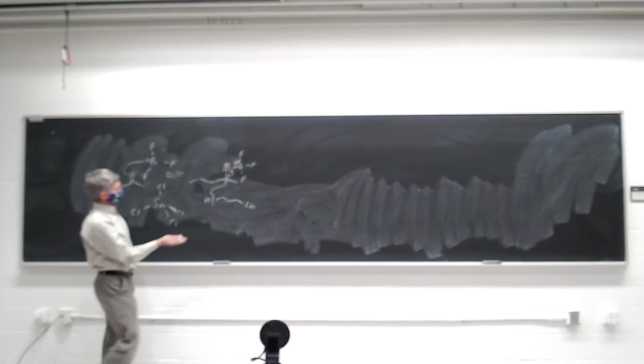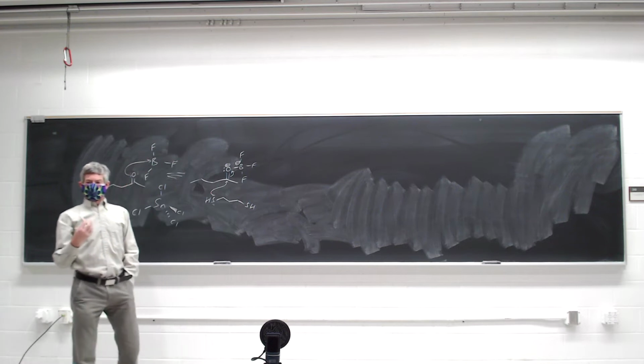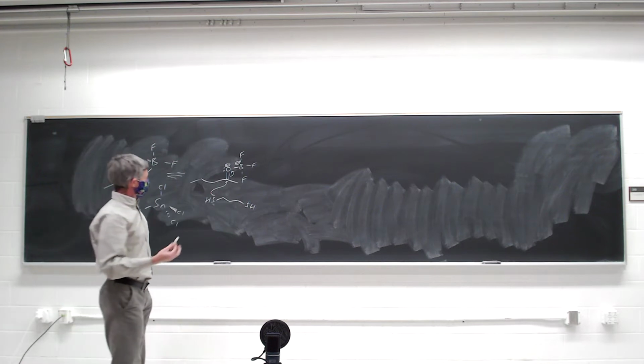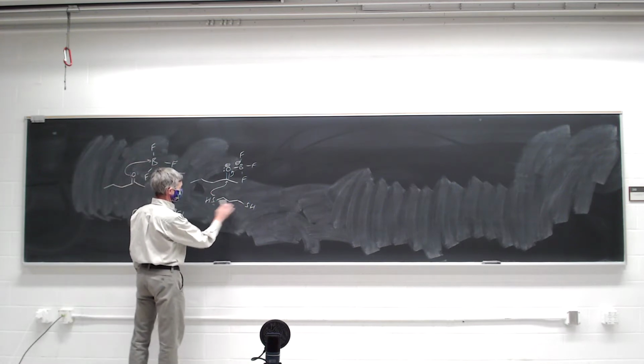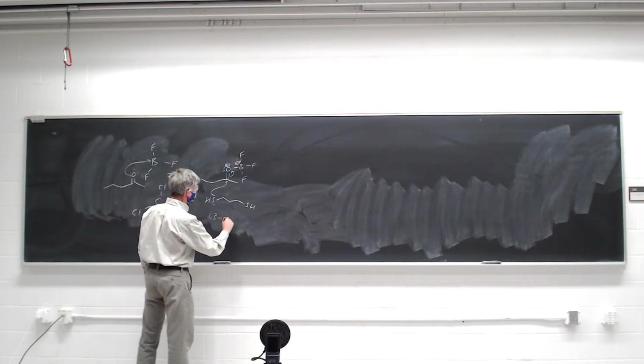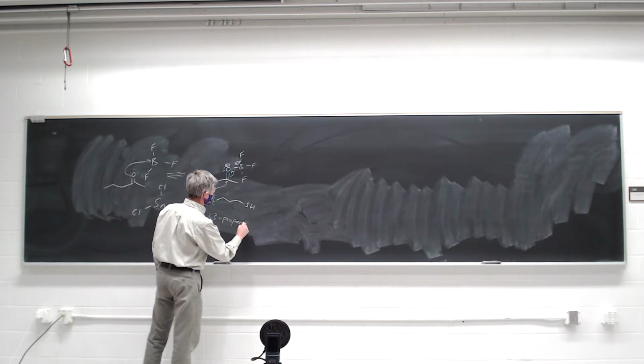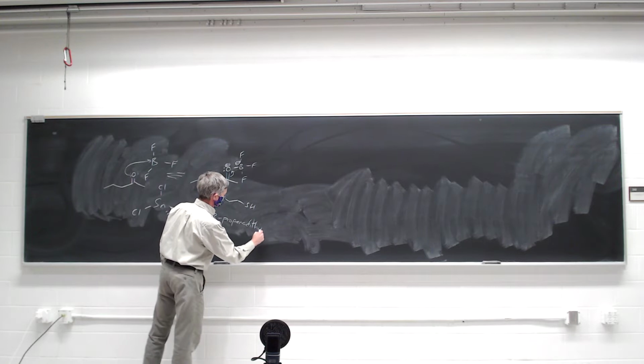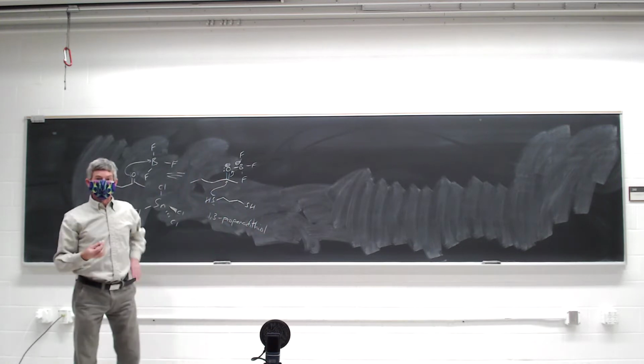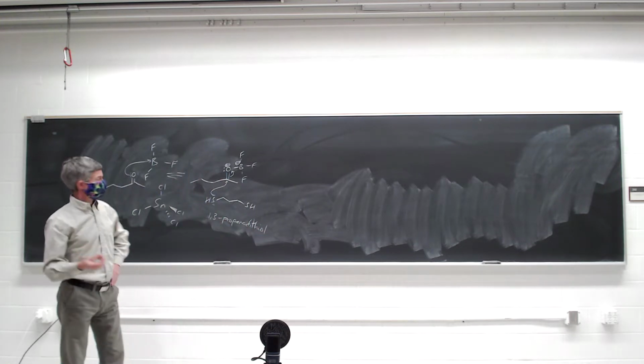A very common thiol that's used to solve the entropy problem and make a cyclic intermediate is this 1,3-propane dithiol. And that's the one I use in the pre-recorded videos to show you the reaction.